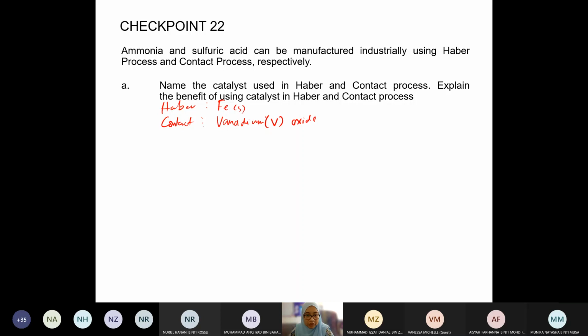Okay, this one should be near close to the last alphabet from the first word. For the first, dia patut jangan ada gap, this is the format of writing ionic compound. Okay, and then explain the benefit of using catalyst in Haber and contact process. What is the benefit of using catalyst, guys?